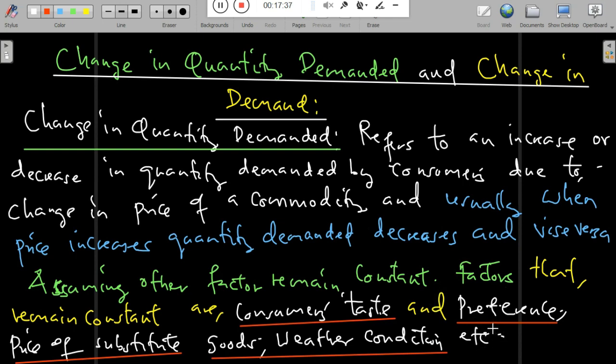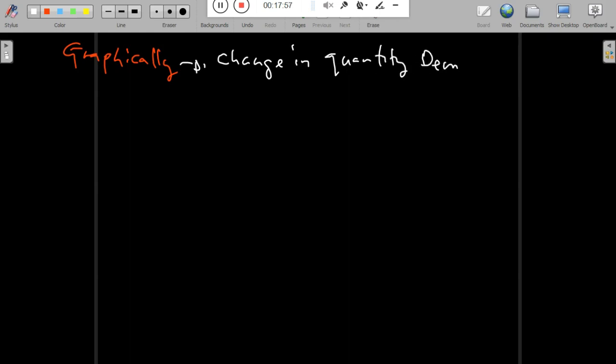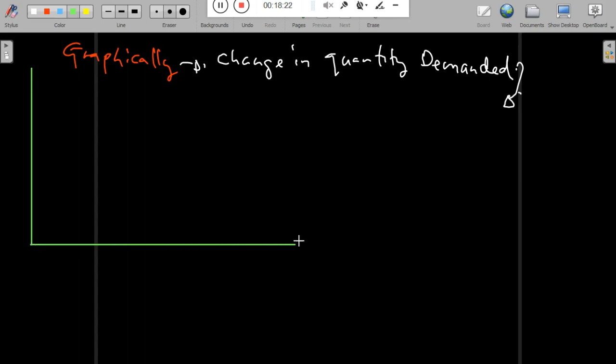Factors that remain constant include consumer taste and preference, but also fashions, population, income, price of substitutes, good weather condition, and so forth.